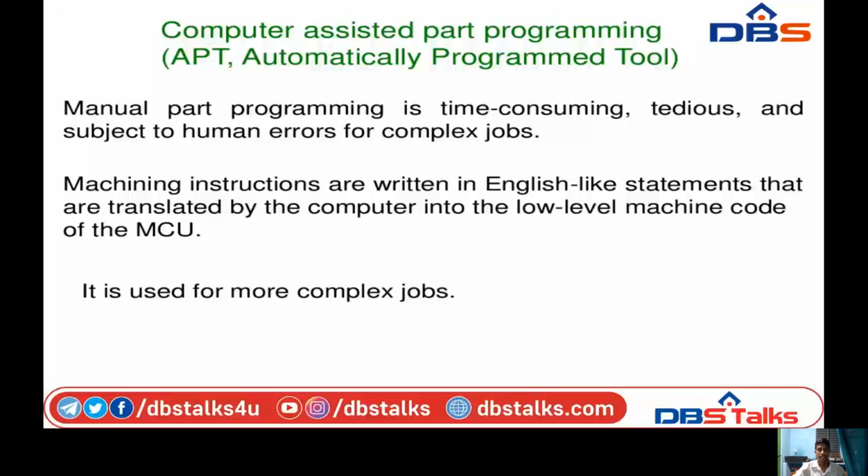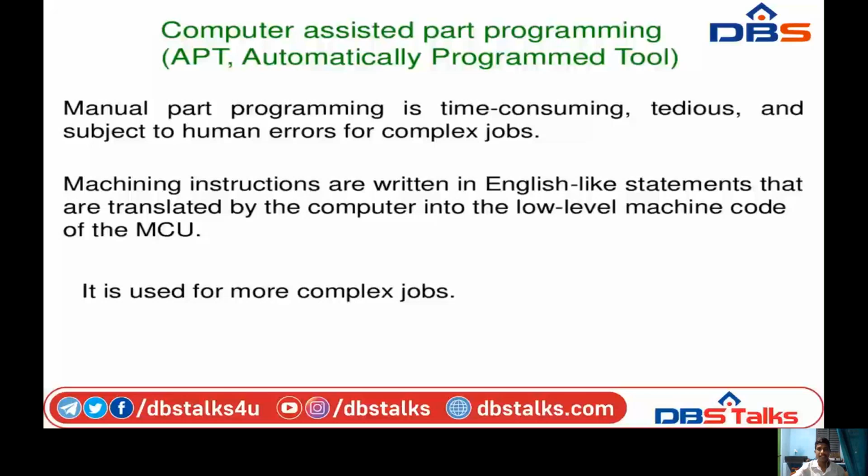Next, machining instructions are written in English-like statements that are translated by the computer into the low-level machine code of the MCU. That means first of all we are giving the commands or instructions to the MCU in the format of English-like statements.